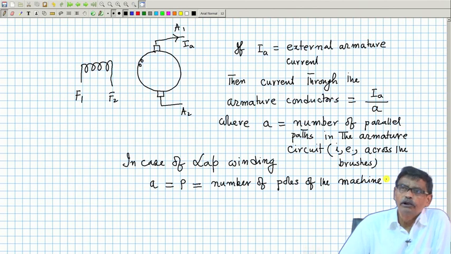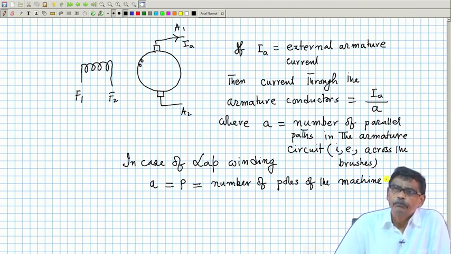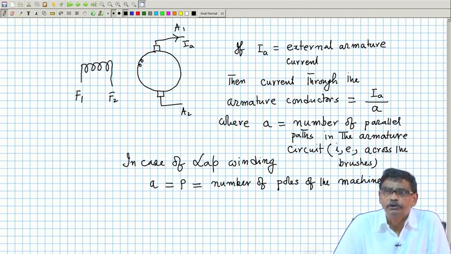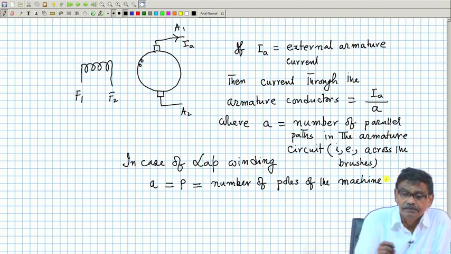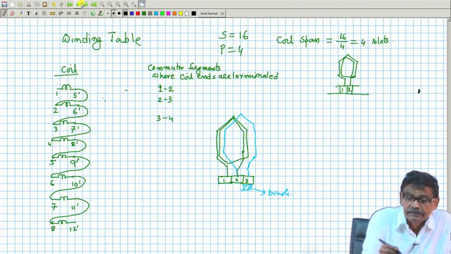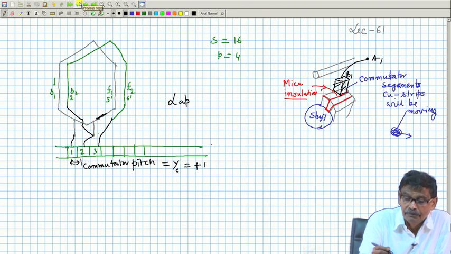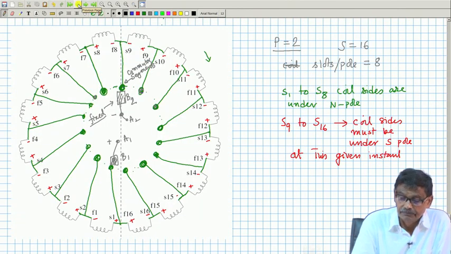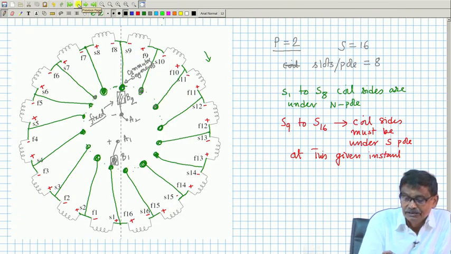If it is a two pole machine with lap winding, the number of parallel paths will be 2. It can be easily seen, because we have seen that. For the two pole winding, we have drawn the physical winding diagram. You see, there are only two brushes, B1 and B2.